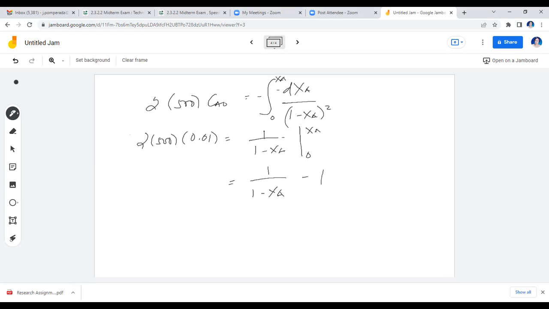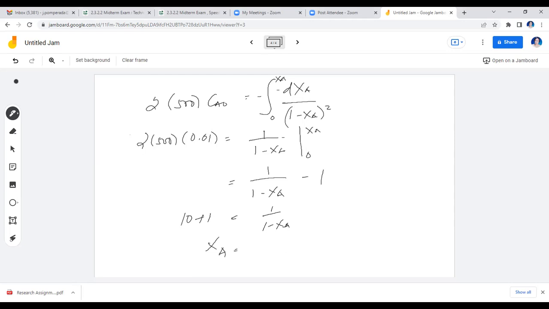So you'll have here 1,000 times 0.01. Oh, sorry. Yeah, that's 1,000 times 0.01. That would be 10. And this one will go here. So 11 is equal to 1 over (1 minus XA). And you'll be able to get the XA.